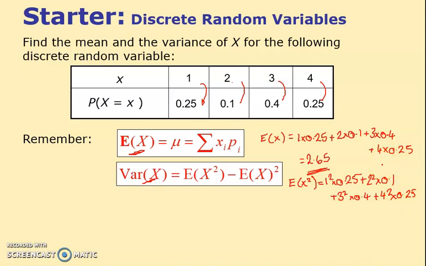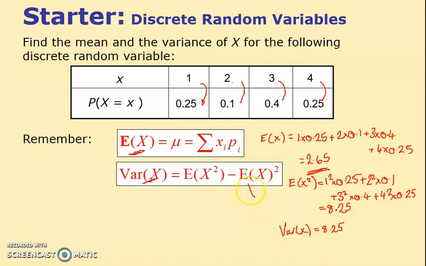So let's just do that. I'm typing it in now. And I get 33 over 4, which is 8.25.